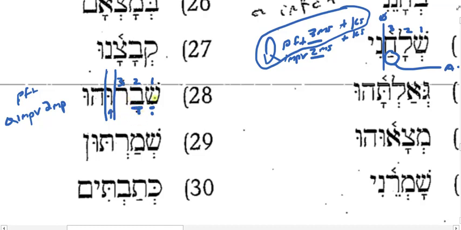That would be they broke him. Past tense, Qal perfect, 3CP. They broke him. Okay, so we do have different vowel patterns. Everything else would have looked the same. All right. Other questions?